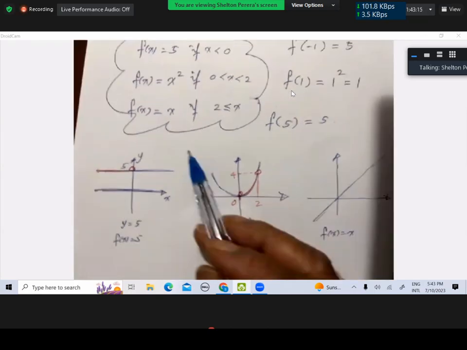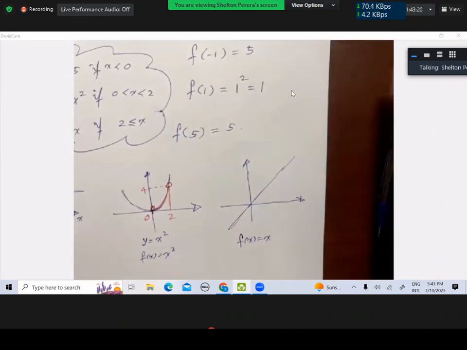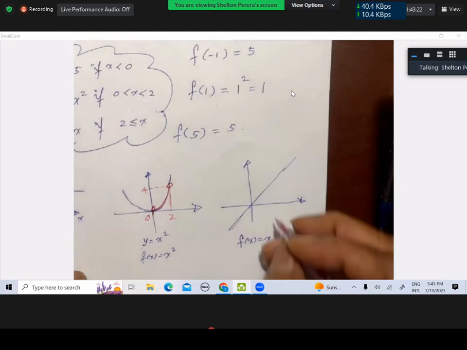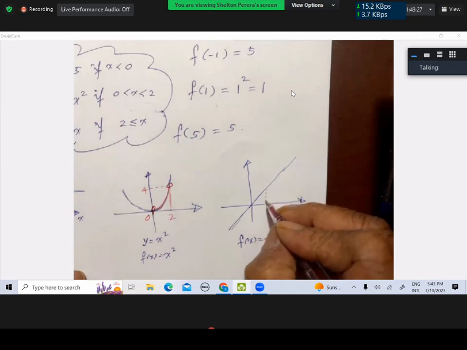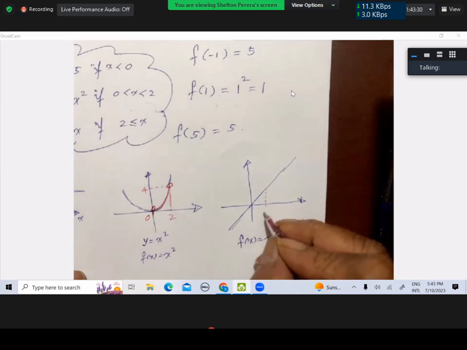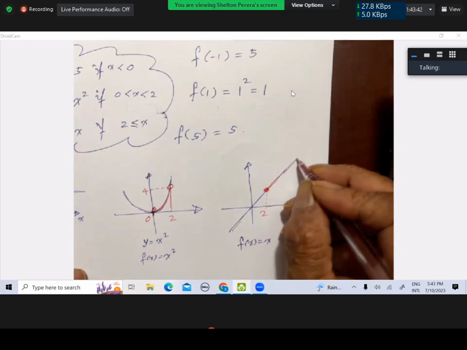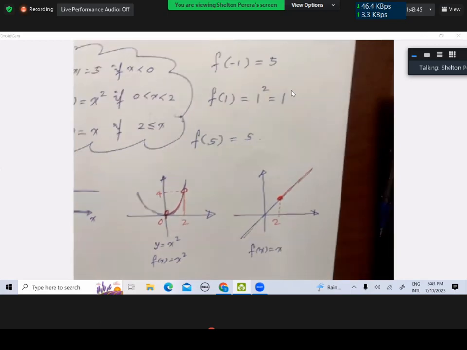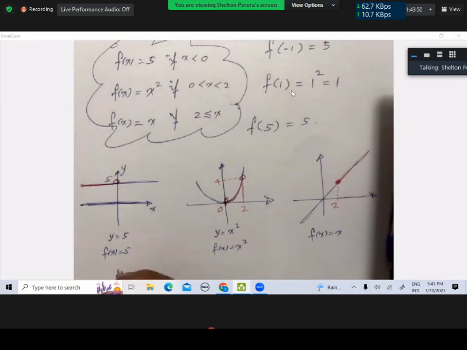Last one, f of x equals x. That is this one. But we are asked to take it only for x greater than or equal to 2. If 2 is here, x greater than or equal to 2 is this. And the equal sign is also there, dark dot. That is the graph of f of x equals x. Here we are taking this only for x less than 0.